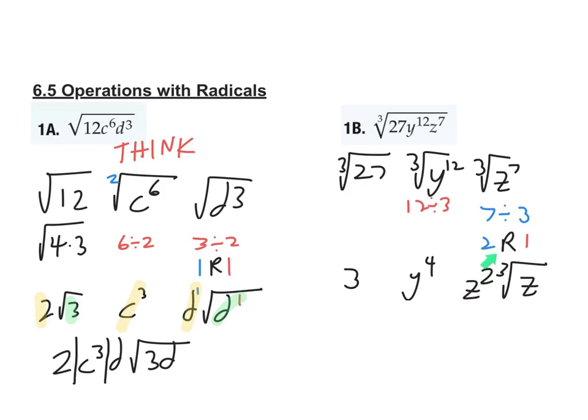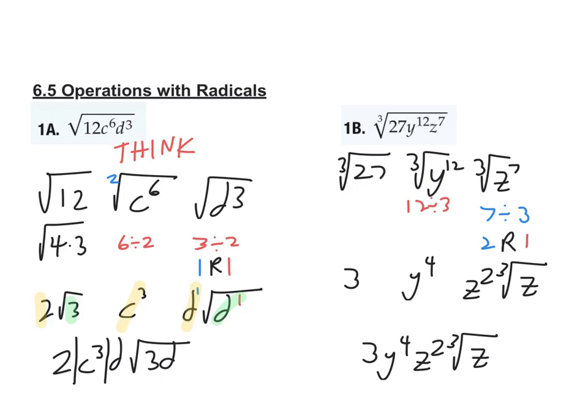Z squared on the outside, z to the first on the inside is still the cube root. Now I can just bring those outside terms together. And since in this case they're already all kind of next to each other, I just got to squeeze them together a little bit. Okay, 3y to the 4th z squared times the cube root of z. I got that. Okay, good job.